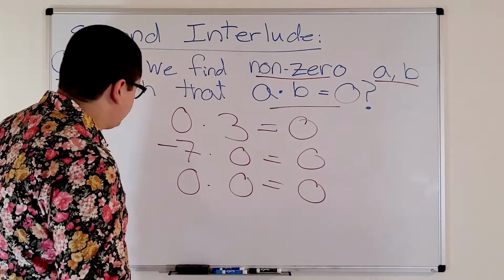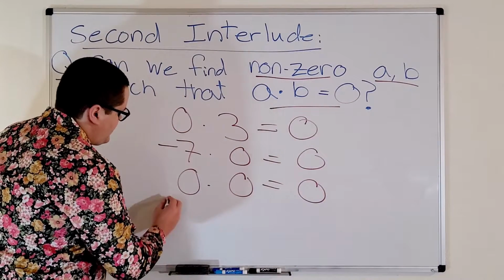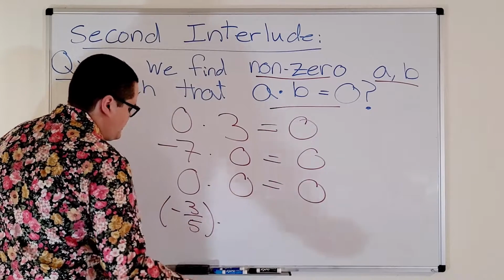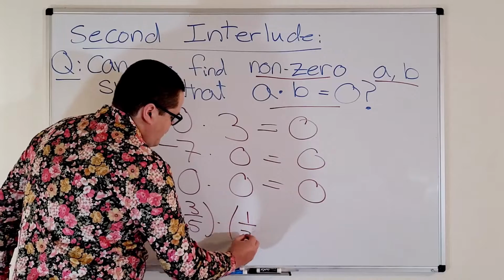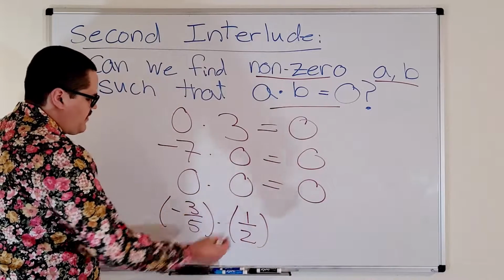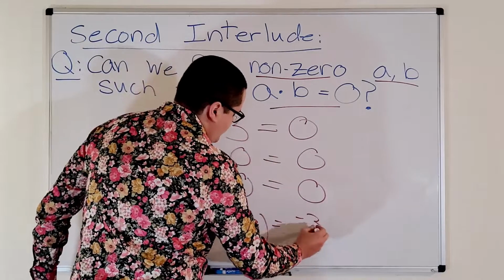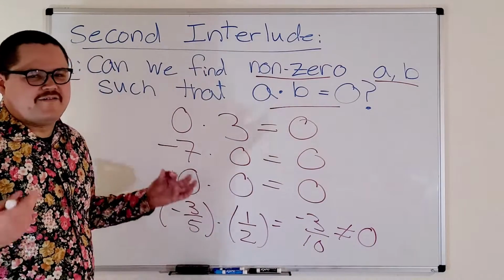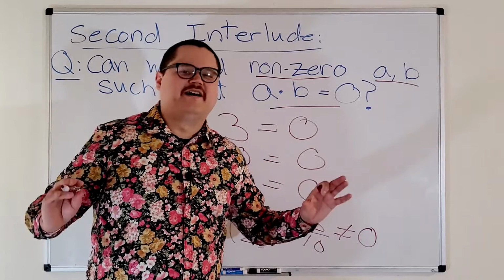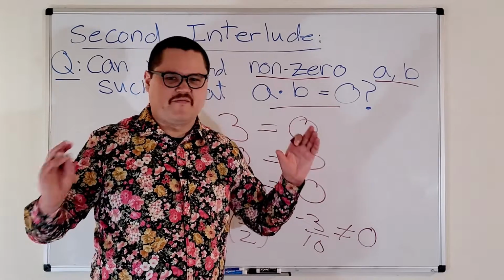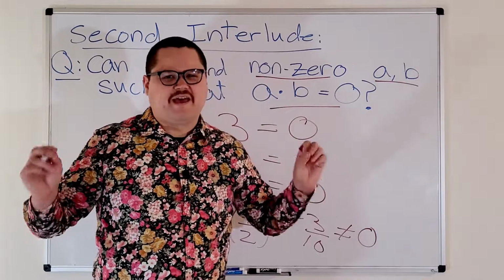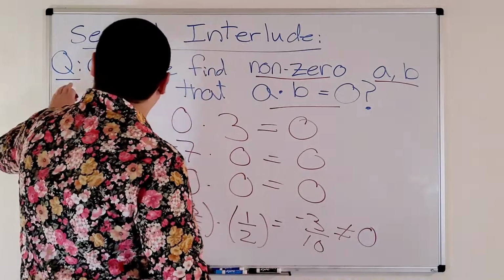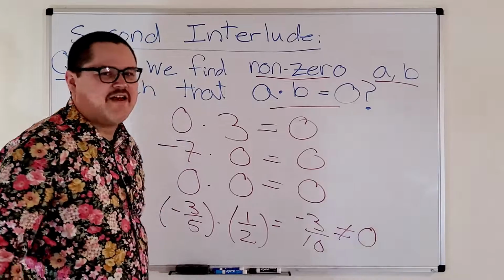For instance, negative 3/5 times 1/2, well, multiplying across, that would be negative 3/10. That's not 0. And in fact, no matter which non-zero numbers I chose for a and b, I would always have a times b non-zero. So the answer to this question is no.